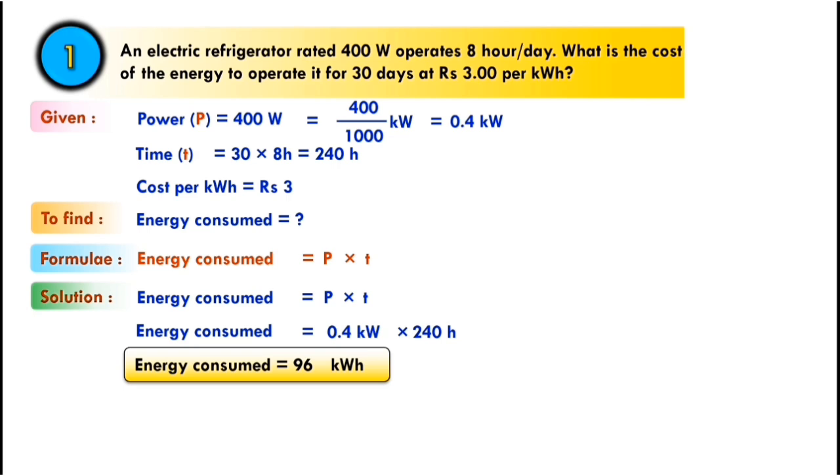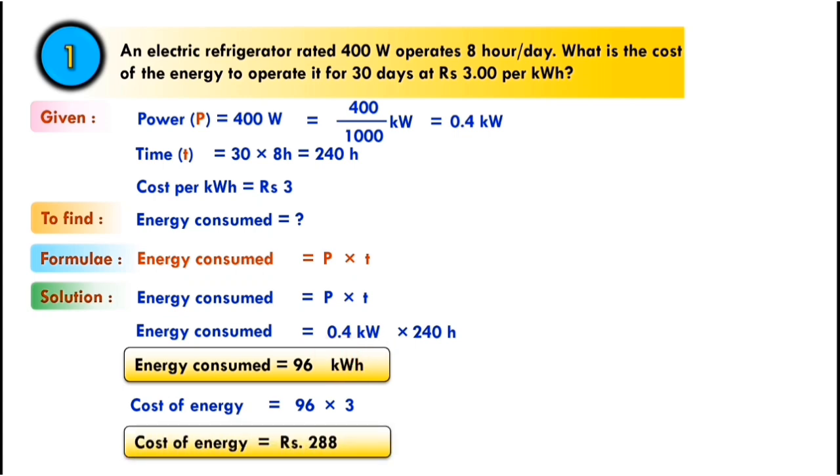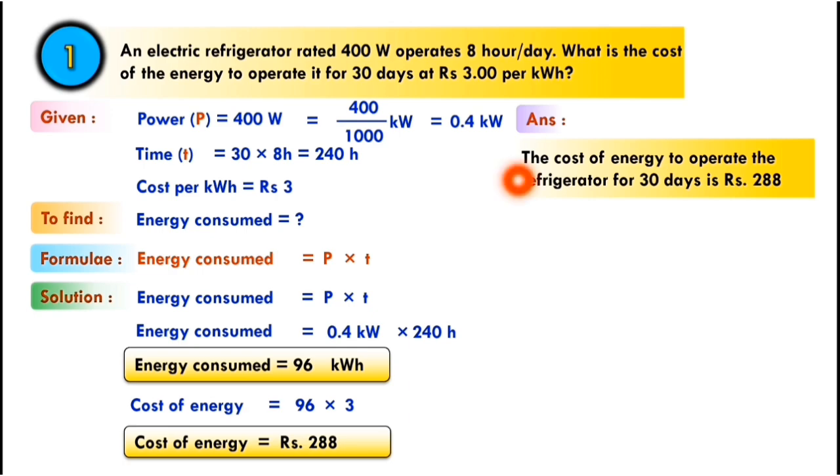Am I clear everyone? Okay, now see here, the cost of energy equal to 96 into 3. Since cost is 3 per kilowatt hour, so for 96 kilowatt hour we have to multiply. So we will get cost of energy equal to rupees 288. So the answer is the cost of energy to operate a refrigerator for 30 days is rupees 288.